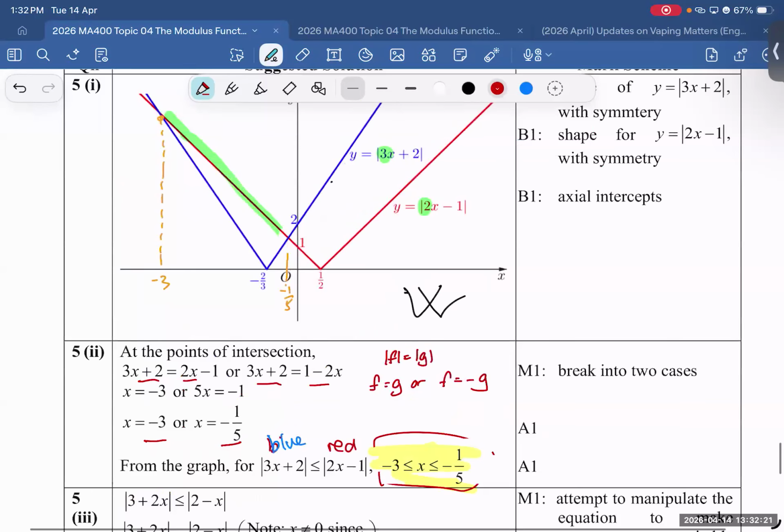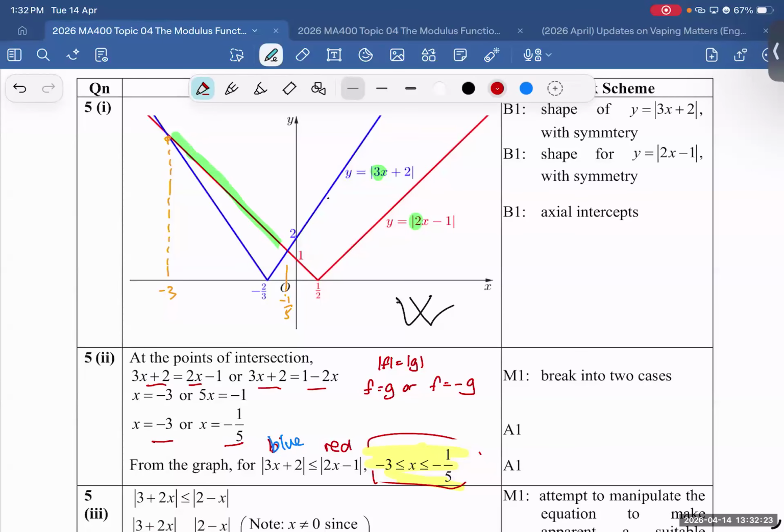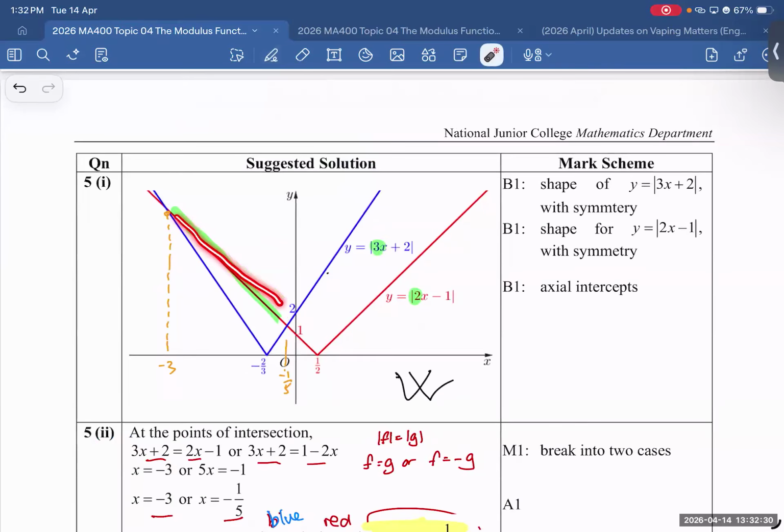You want blue to be less than red. Where is blue less than red? It's the part that's in green. Can you see? This region of x is where your blue is below your red. That is why it makes sense to consider the point of intersection, this point and this point: -3 and -1/5.